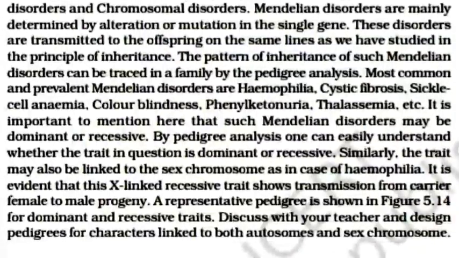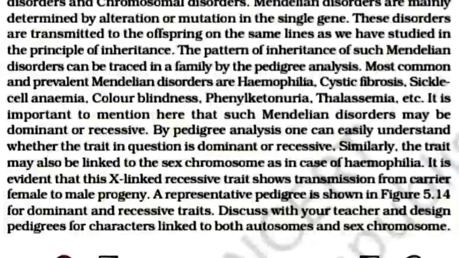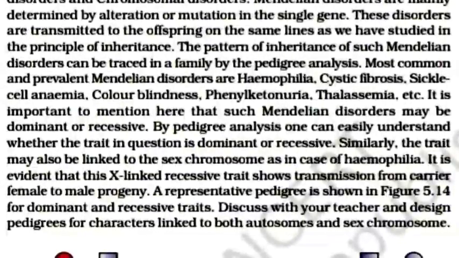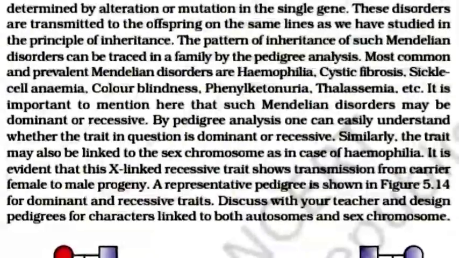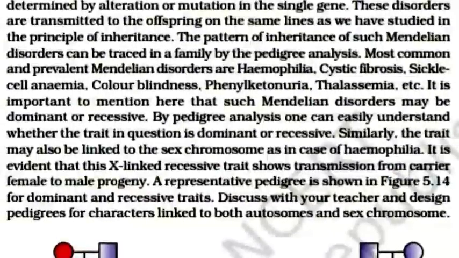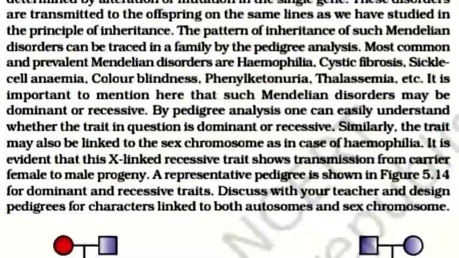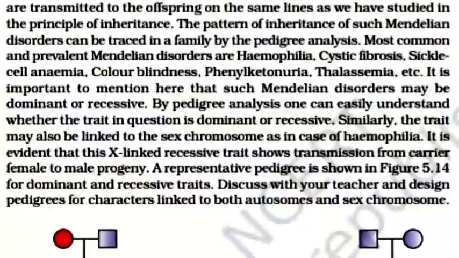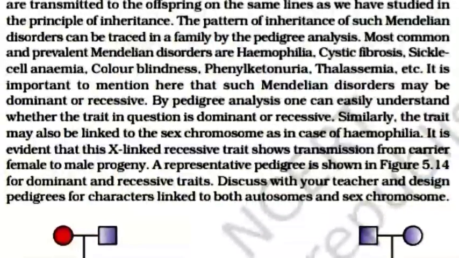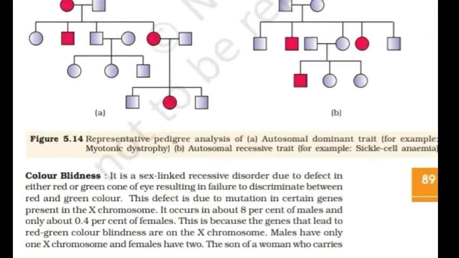Similarly, the trait may also be linked to the sex chromosome as in the case of hemophilia. It is evident that this X-linked recessive trait shows transmission from a carrier female to male progeny. A representative pedigree is shown in the figure for dominant and recessive traits. Discuss with your teacher and design a pedigree for characters linked to both autosomes and sex chromosomes.